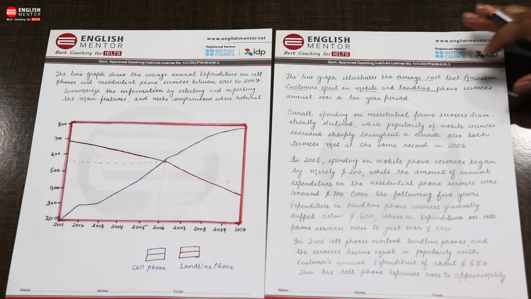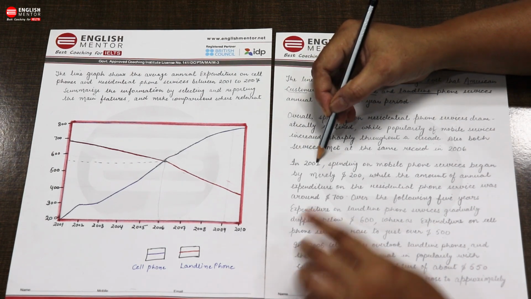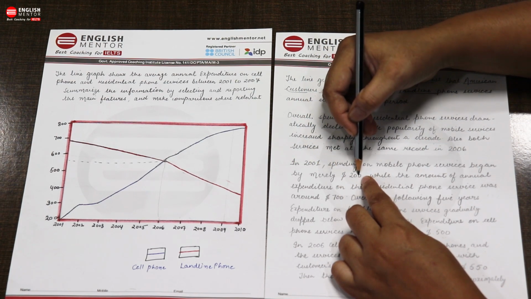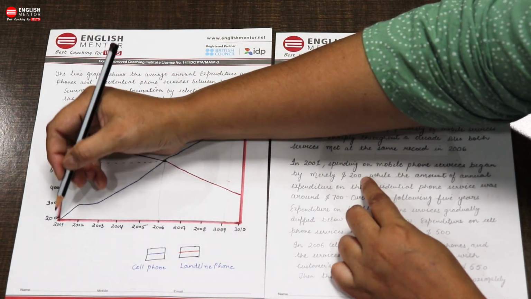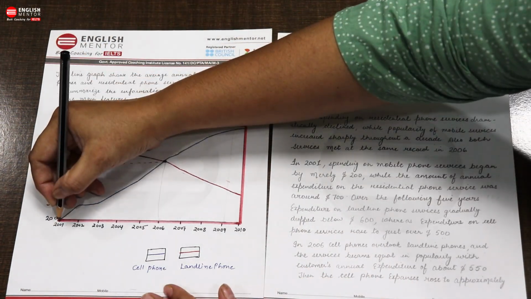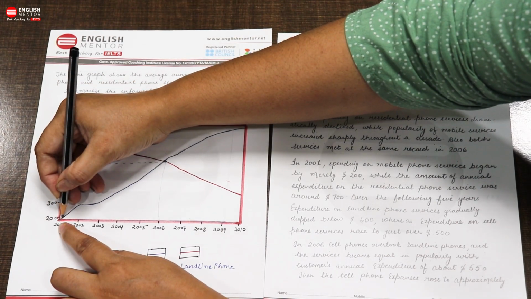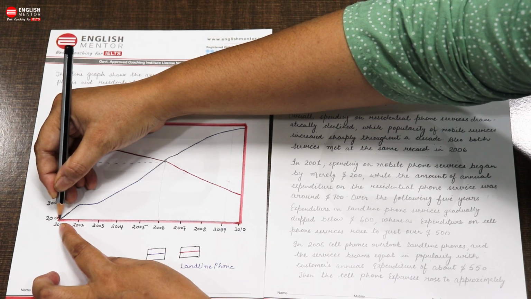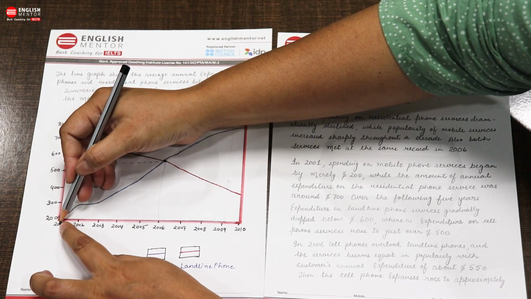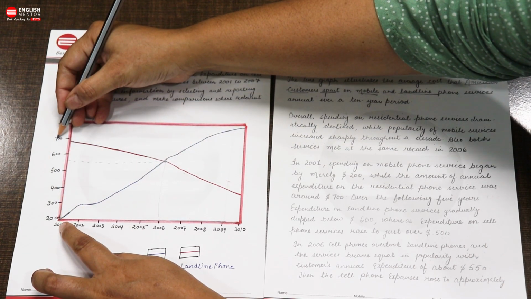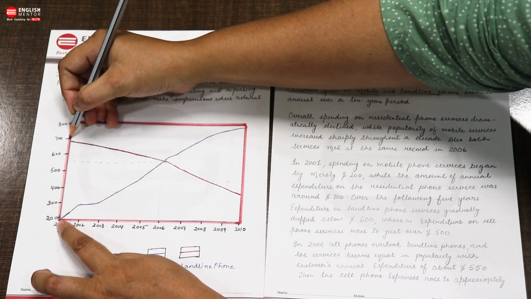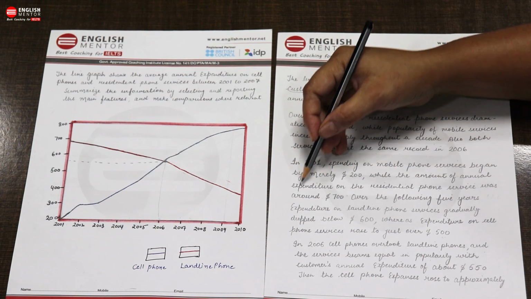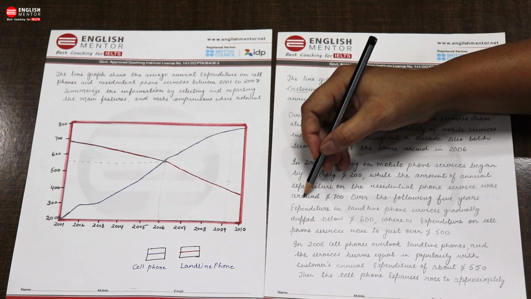Now we'll discuss in detail. In 2001, spending on mobile phone services began at merely $200. So it started with 200. This is 2001 and this is about cell phone services. Cell phone services were only 200 in 2001, whereas the annual expenditure on residential phone services was $700.